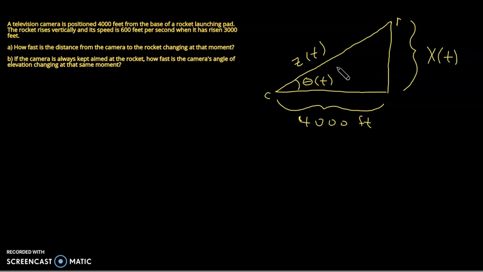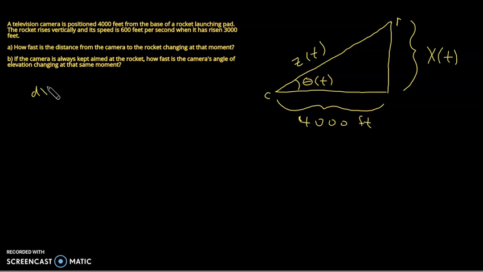We've got this picture of what's going on, with all our changing quantities of t, and we also know that the speed of the rocket is 600 feet per second when it is 3,000 feet high. Well, that 600 feet per second is the derivative of x with respect to t at the instant when the rocket is 3,000 feet high.